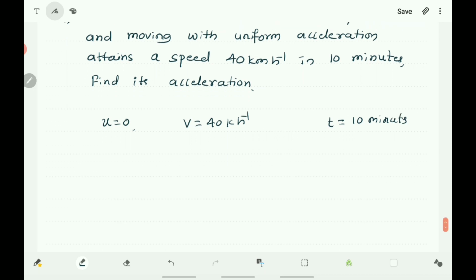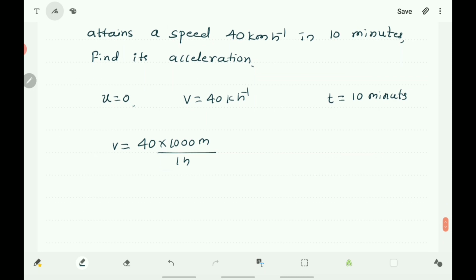Then you can convert v in terms of meter per second, that is 40 into 1000 meter per hour. 60 minutes means 1 hour, again 60 seconds means 1 minute, so it becomes 60 into 60 seconds.